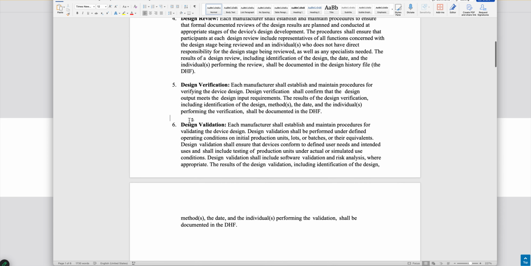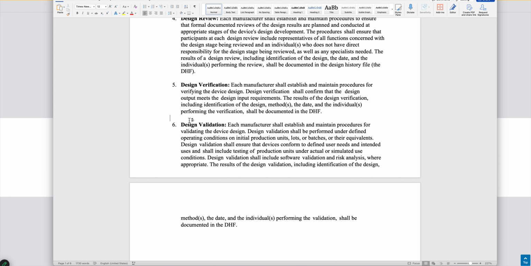This is important because we are planning in advance. We are writing what type of inputs are going to be used, and what the outputs from the device are. Then we review our own input and output design, and once this is done, we need to verify the design.